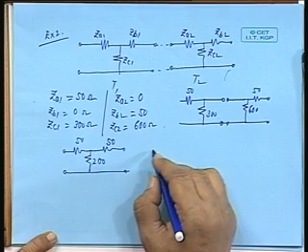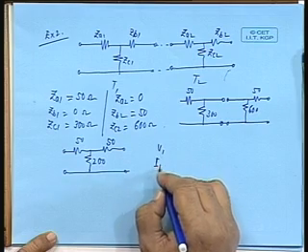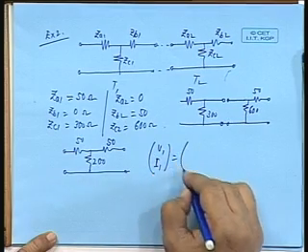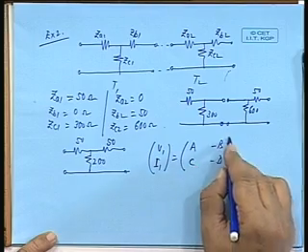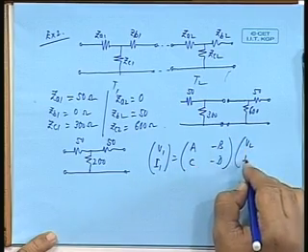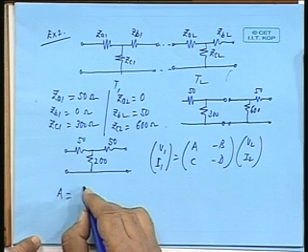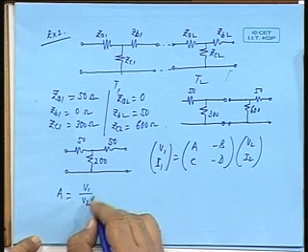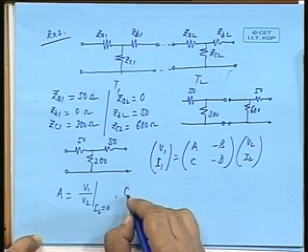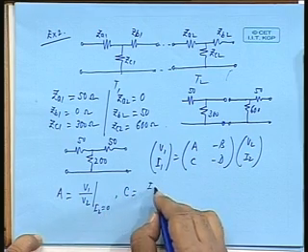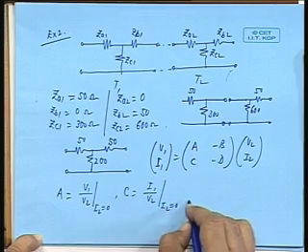So, ABCD parameters, if you remember, we write V1, I1 in terms of ABCD as V2, minus I2. A is V1 by V2 when I2 is 0. Similarly, C is I1 by V2 when I2 is 0.